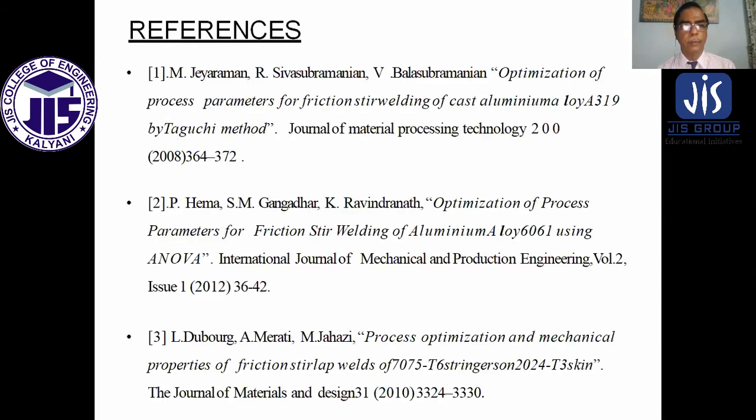These are the references. Jayaraman, Sivasubramanian, and Balakrishnan, optimization of process parameters of friction stir welding of cast aluminum alloy A319 by Taguchi method. Hema, Gangadhar, and Rabindranath, optimization of process parameters of friction stir welding of aluminum alloy 6061 using ANOVA, International Journal of Mechanical and Production Engineering, 2012.